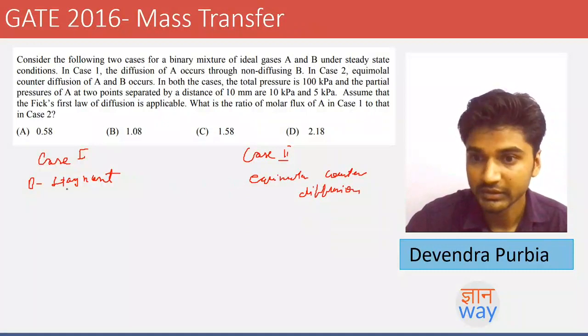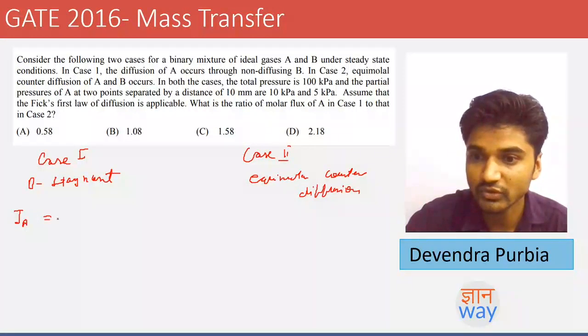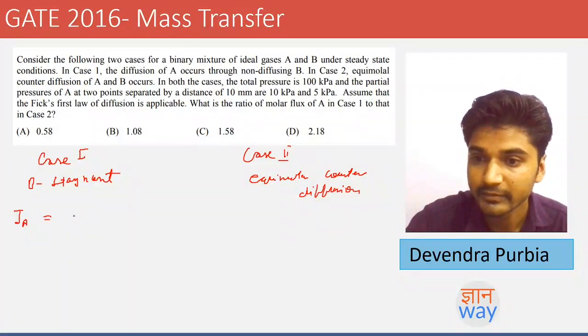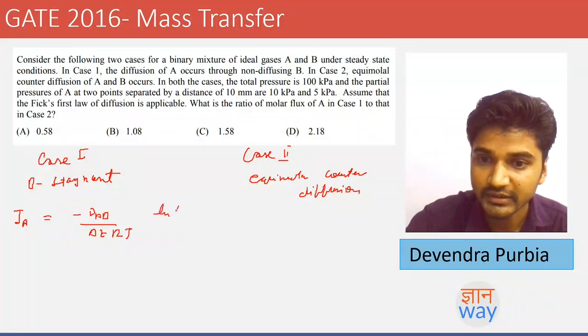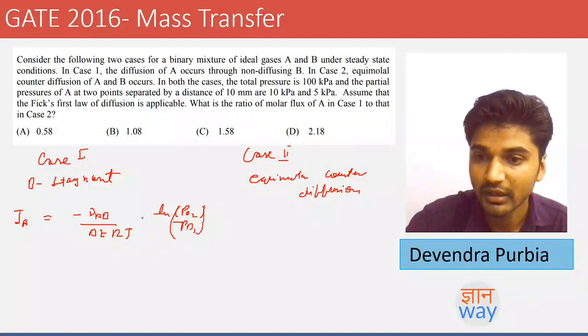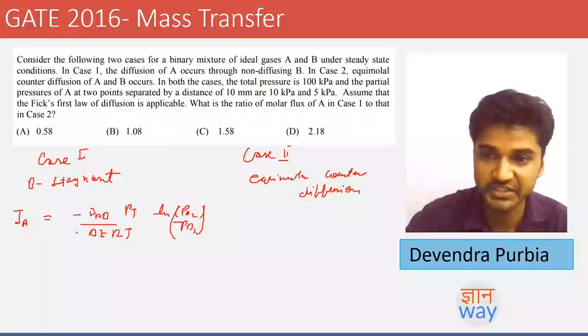So here we can directly use the flux formula as J equals minus D_AB upon delta Z R T, times ln of P_B2 upon P_B1, with the total pressure P. This is the equation used for stagnant fluids.